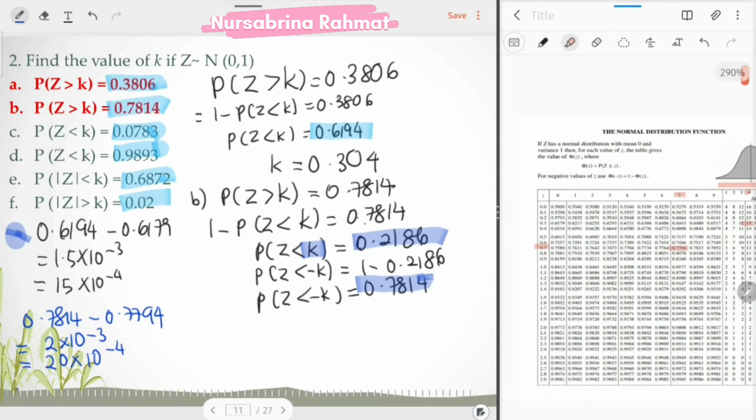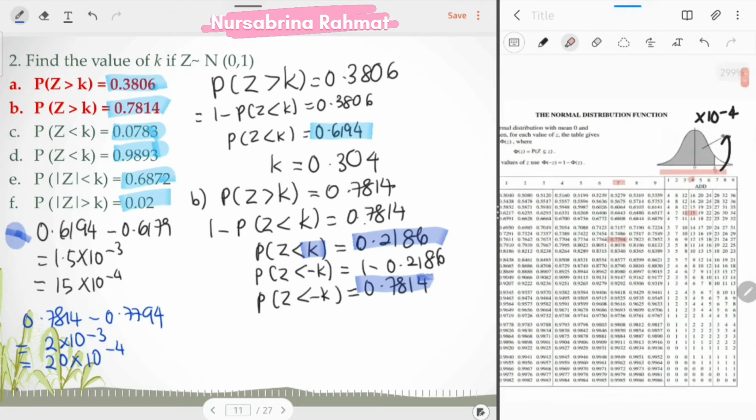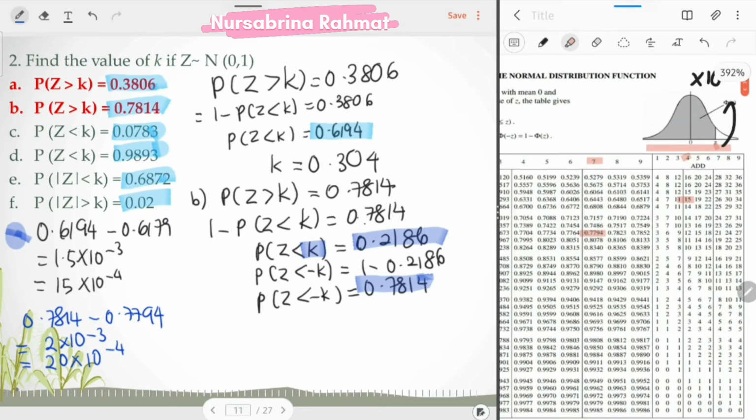Because the small table here is for times 10 to the power of negative 4. So it's 20; across the row of 0.7, we have 18 and 21. The closest to 20 is 21 because the difference is just 1. If I pick 18, the difference is 2, so it's bigger. So 21, and that is for number 7.